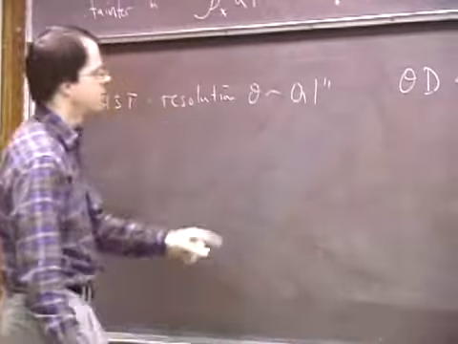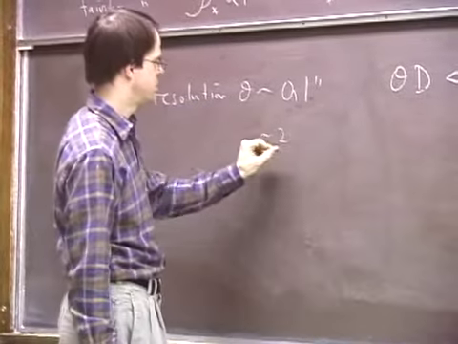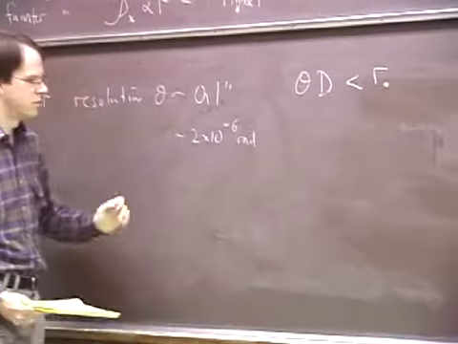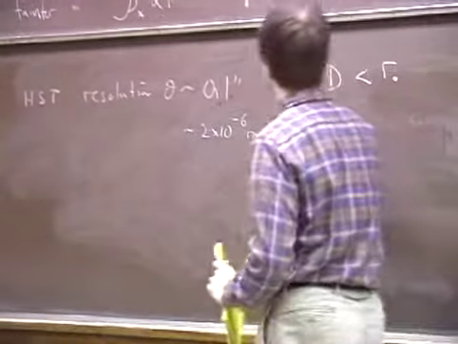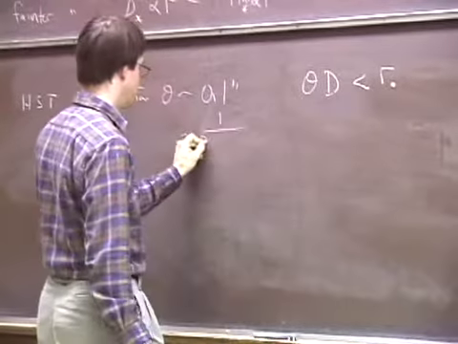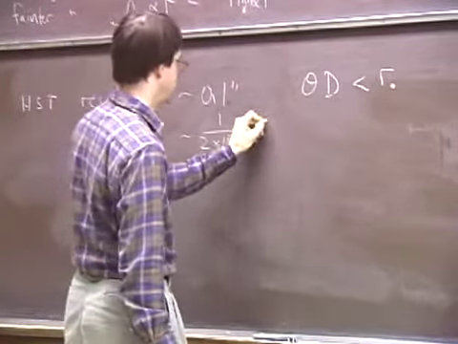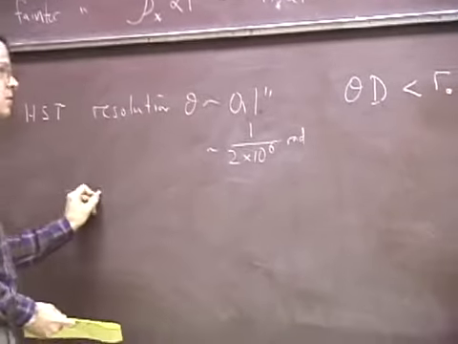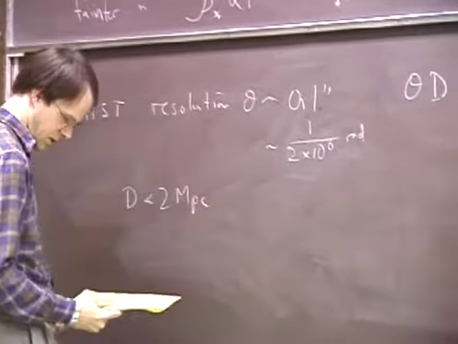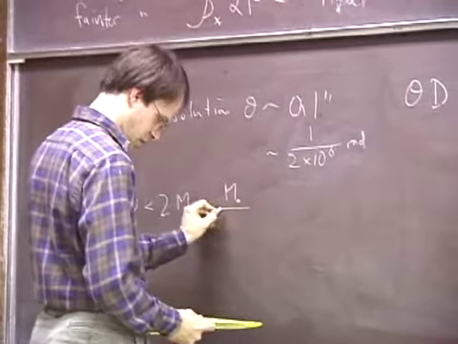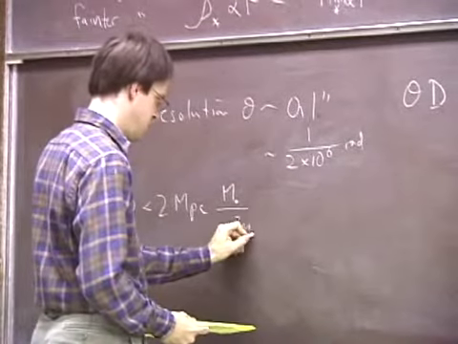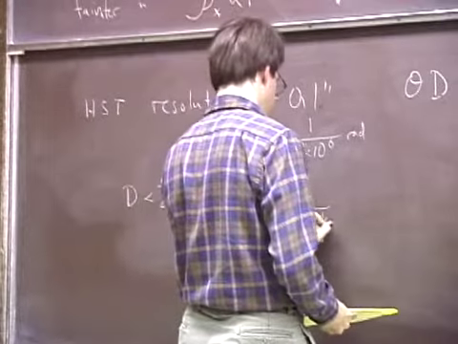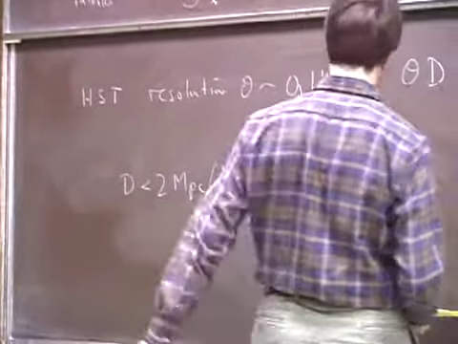Okay, so if we put in some numbers, this is 1/10 of an arc second, so that's 2 by 10 to the minus 6, 1 over 2 by 10 to the 6 radians. That says that the distance is less than 2 megaparsecs times the mass in the black hole over 10 to the 7 solar masses times the velocity dispersion scaled to 200 kilometers a second, squared.